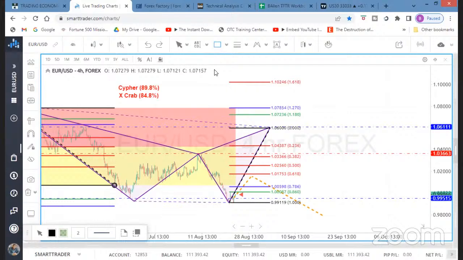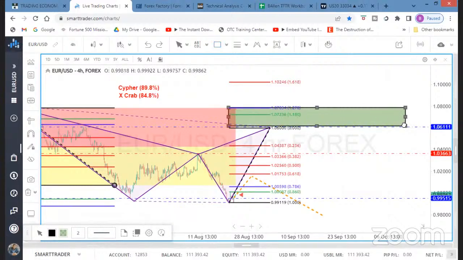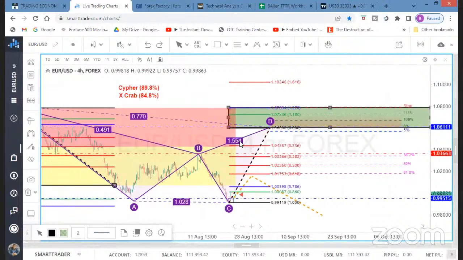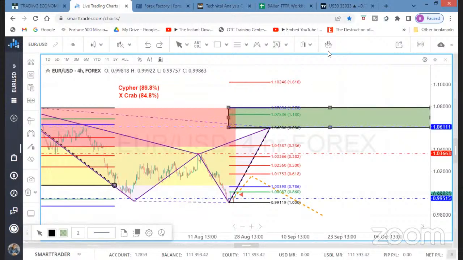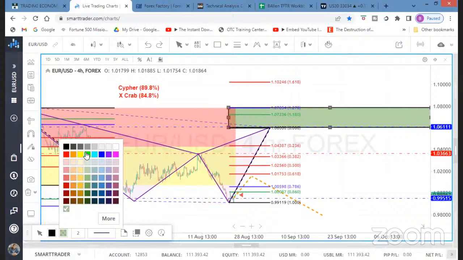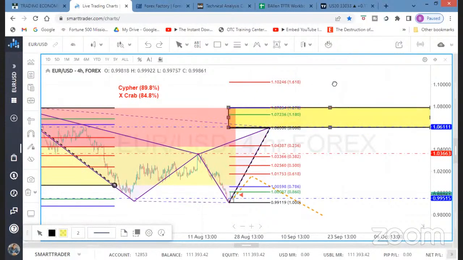Let me draw this out. Okay. Because it's like you're learning it, and sometimes you don't even realize you're learning it, right? So it'll have this zone, like so. And it will, okay. I like that a different color.